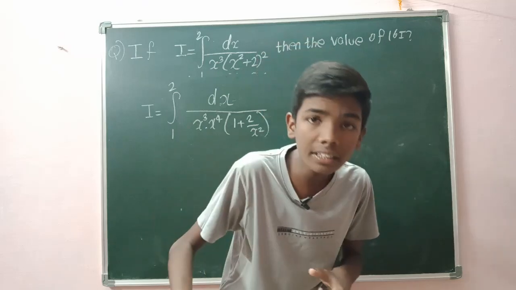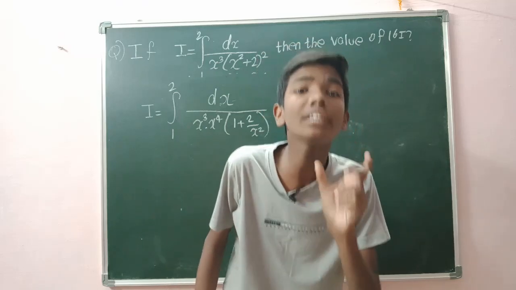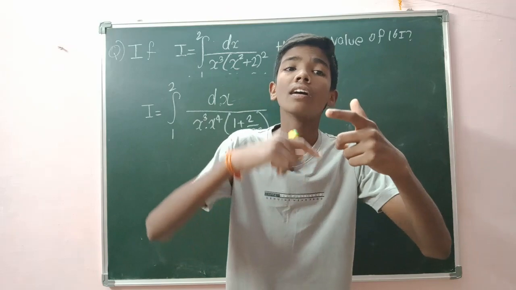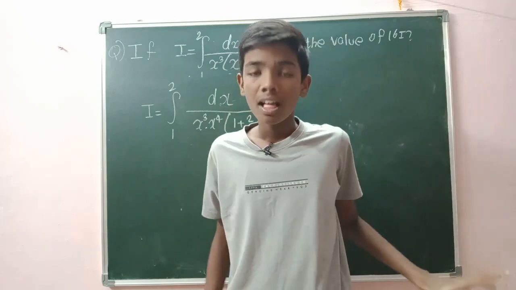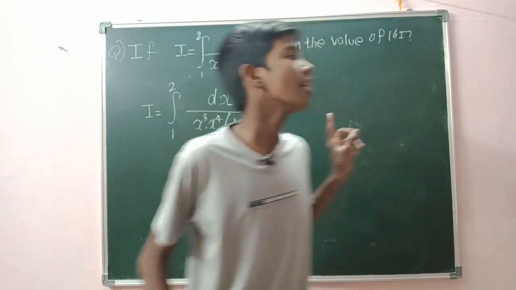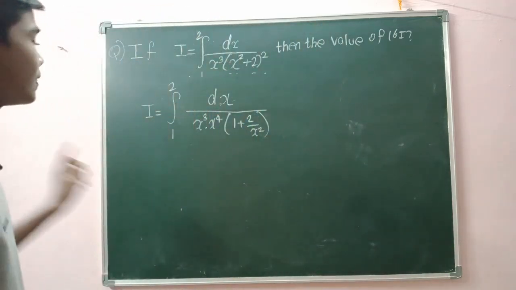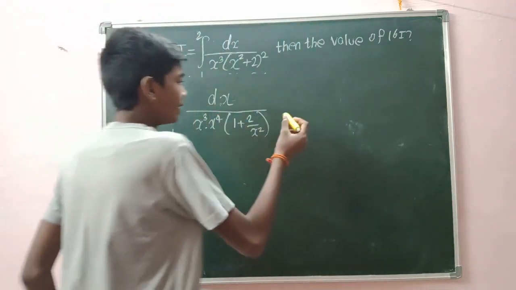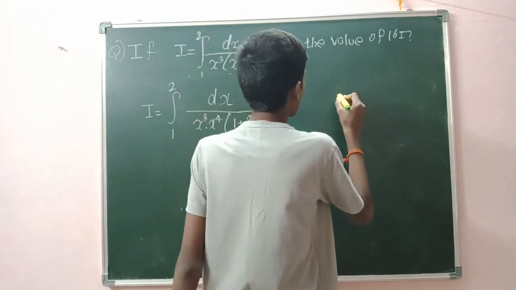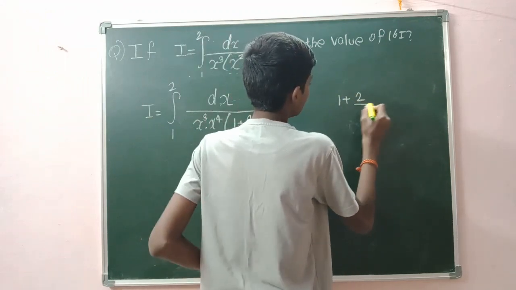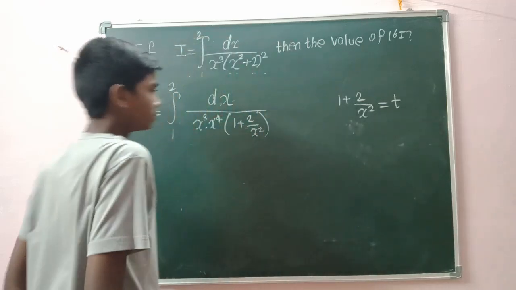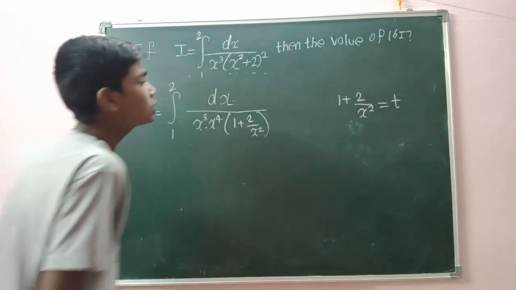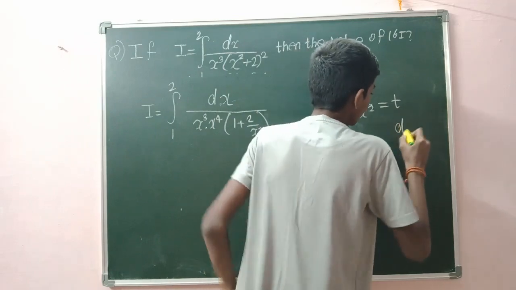And from that you need to check whether the dt of that particular value of t is present in this question or not, and that is your job. So when I observe this integral, it shows that I need to take 1 plus 2 by x square as t.